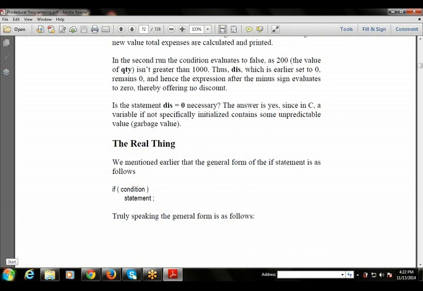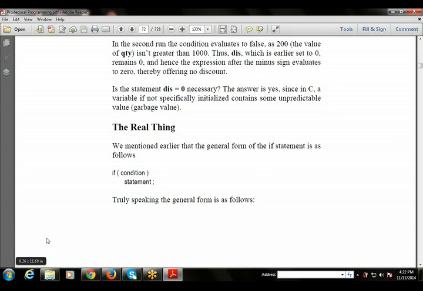Then we have also discussed how the if condition will be used. First of all, if will be used with a condition and the statement. So first of all the condition will be checked, and on the basis of the condition, the statement will be executed.